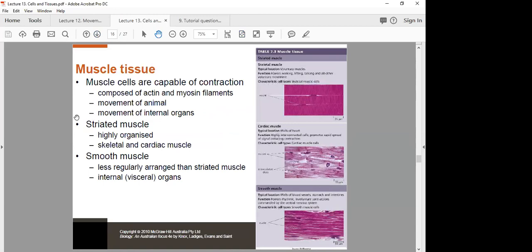Two major types of muscle tissue: striated muscle, which is highly organized, and smooth muscle, which is less regularly arranged than the striated. Some examples of striated muscle include skeletal muscle and cardiac muscle.